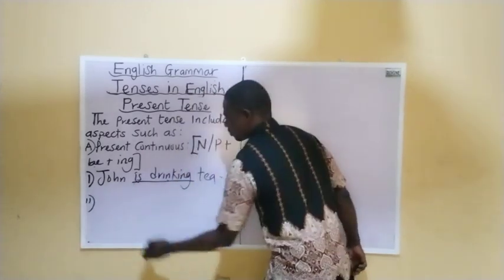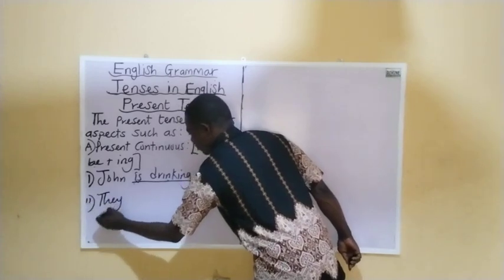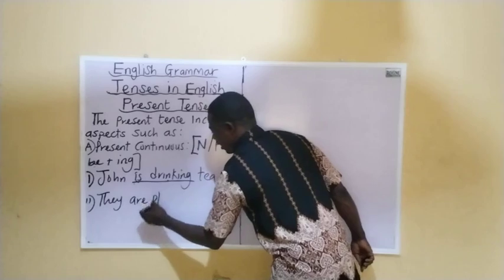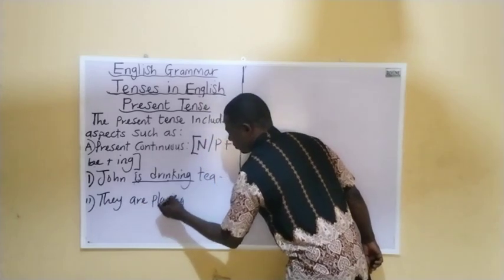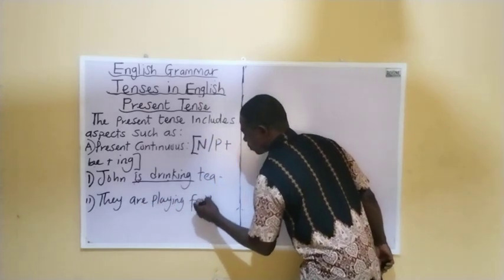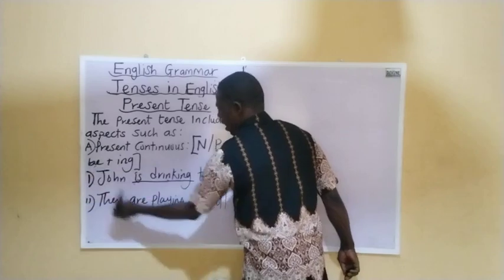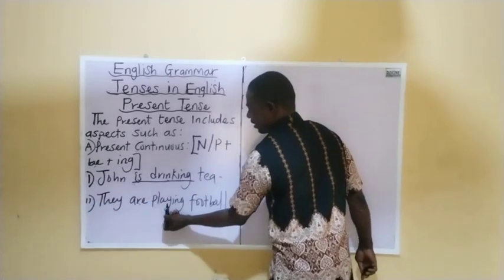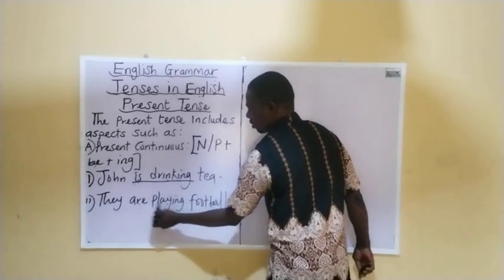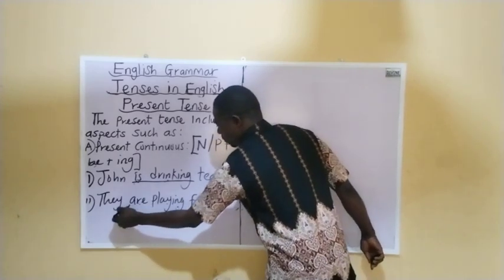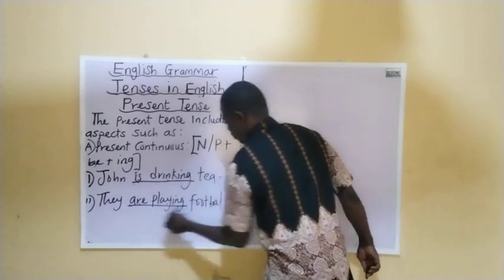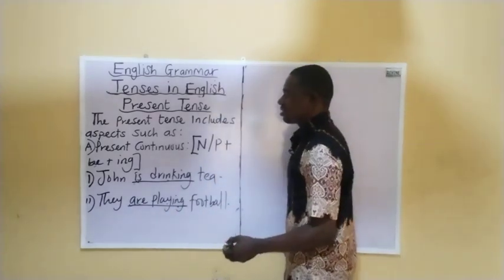Example 2. They are playing football. Are is from the verb be and is present. Playing shows continuous. So are playing shows present continuous. Okay, fine, that's for present continuous.